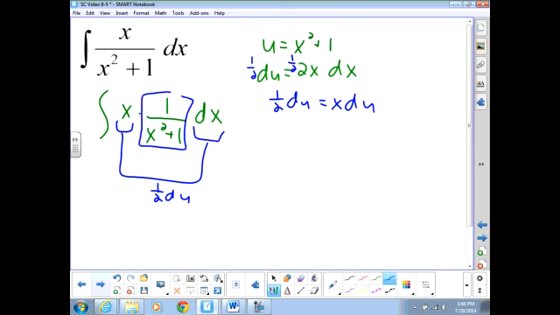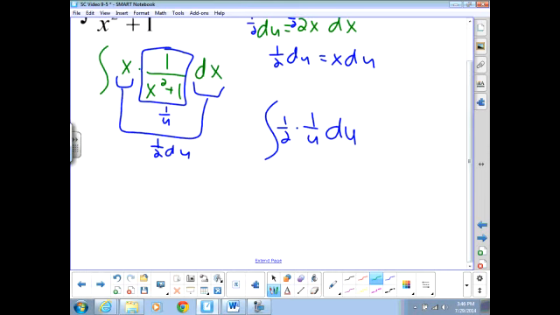This part here, we have 1 over x squared plus 1. Well, that's really just 1 over u. So our integral is going to be 1/2 times 1 over u du. Sometimes it's tricky to recognize, but we need to remember when we just had like a 1 over x, or in this case a 1 over u, that's our natural log.